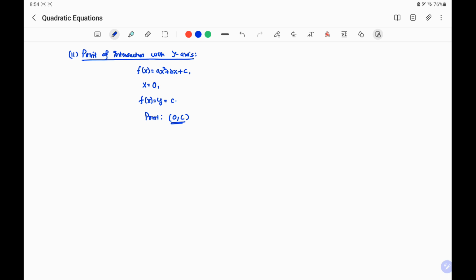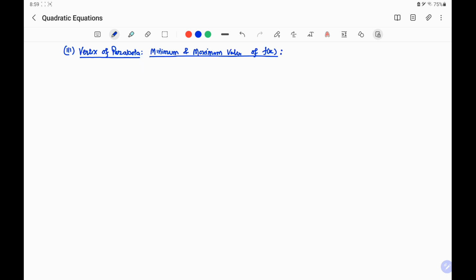Now we have to find the vertex of the parabola and the minimum and maximum value of the quadratic polynomial. The quadratic polynomial is ax² + bx + c, and the roots of the quadratic equation, alpha and beta, will be equal to (−b ± √D) / 2a, where D is the discriminant having the value b² − 4ac.